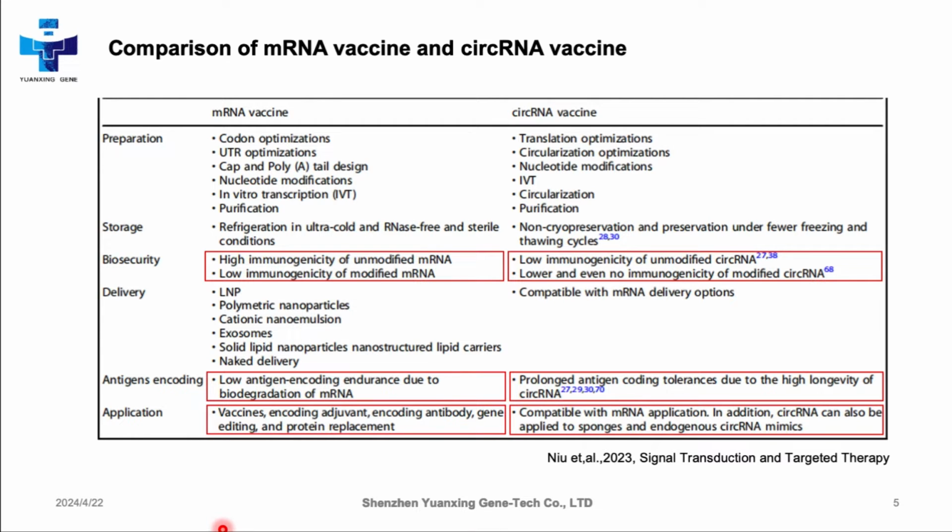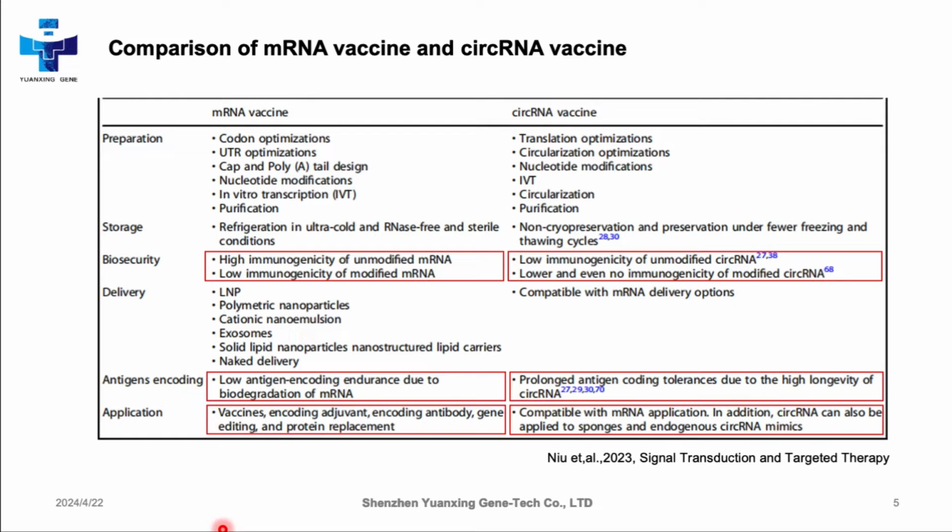In terms of the biosecurity, modified mRNA exhibits low immunogenicity, whereas the circRNA can exhibit low immunogenicity without the modification, and has even lower or no immunogenicity after the modification.